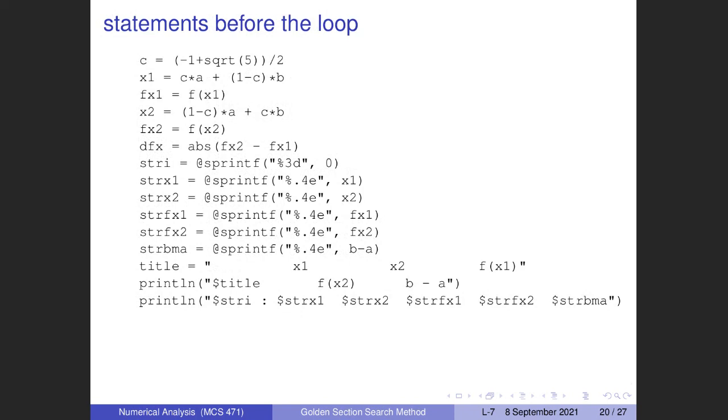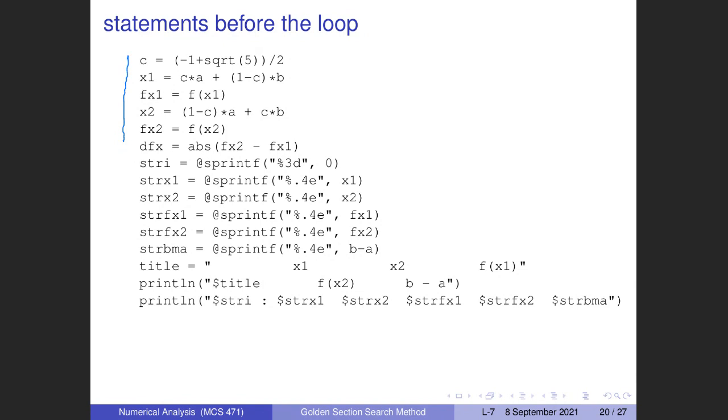Okay, the important statements before the loop are the first 5 statements here, where we define the constant c, so we compute it here. Formally, we could also have had the constant 0.618 embedded in there. When c is defined, the 2 first function evaluations are defined, and they will be stored.